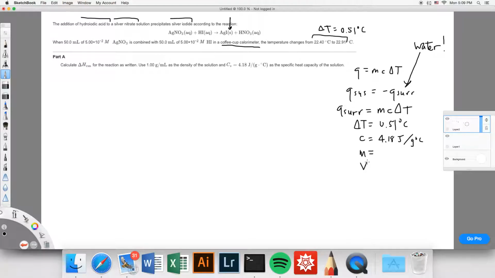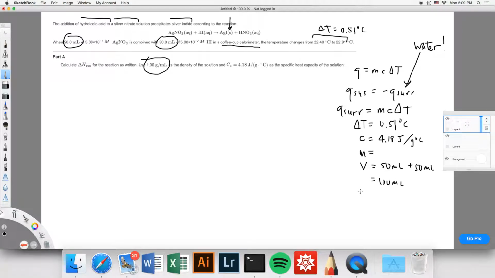We get the mass from the volume of the water, which is 50 mL plus 50 mL. So it's 100 mL, right? And the density is 1 gram per mL.